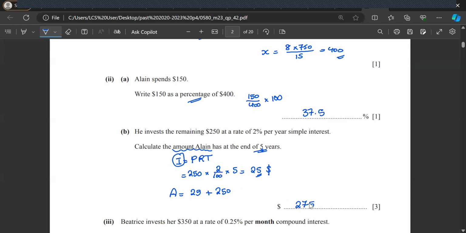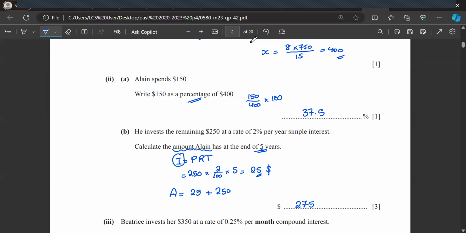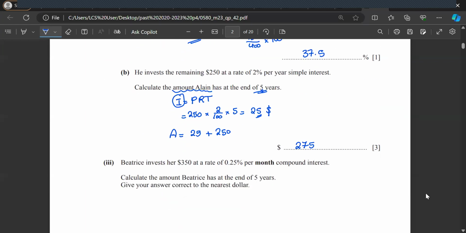You got this? He's not asking only for the interest. If he's asking only for the interest, I've got $25. But if he's asking about the amount, or the total investment at the end of 5 years, I will add them both.